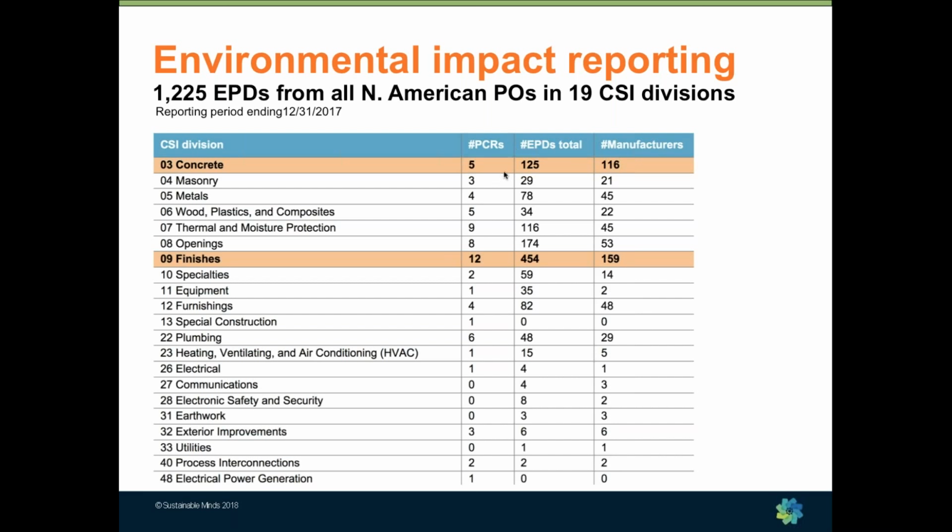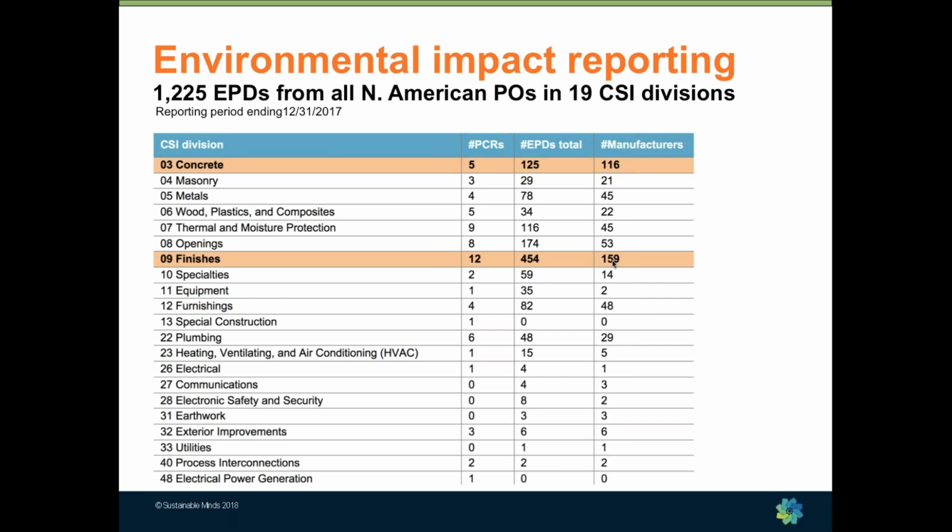Now, it's not surprising that a couple of these divisions, concrete and finishes, we already talked about concrete, why there are so many EPDs, because those get done at the formulation level, and there are a lot of manufacturers. In finishes, also not surprising, the numbers are big. There's a lot of manufacturers.